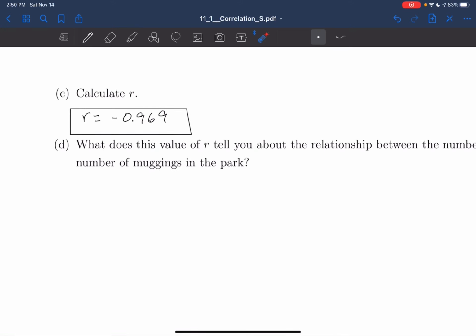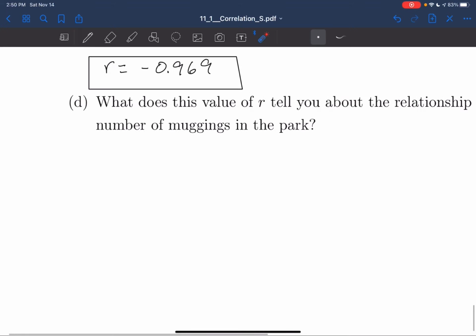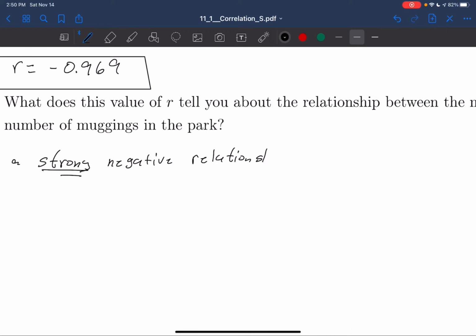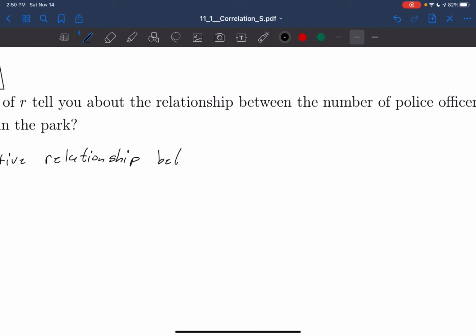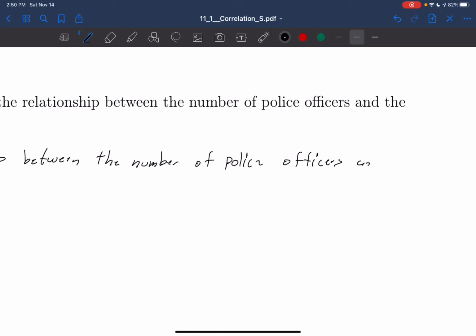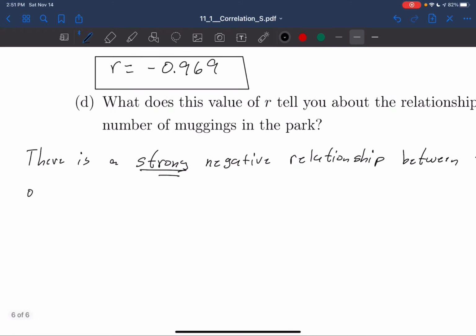Since this is pretty close to -1, we could say that there is a strong negative relationship between the number of police officers and the number of muggings.